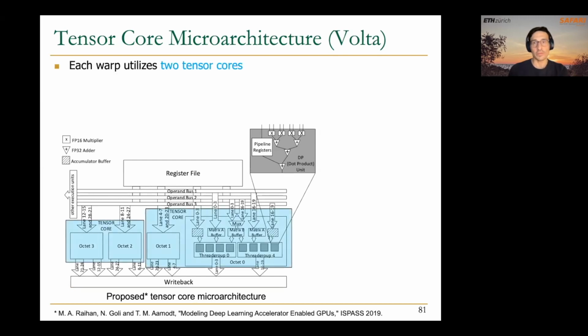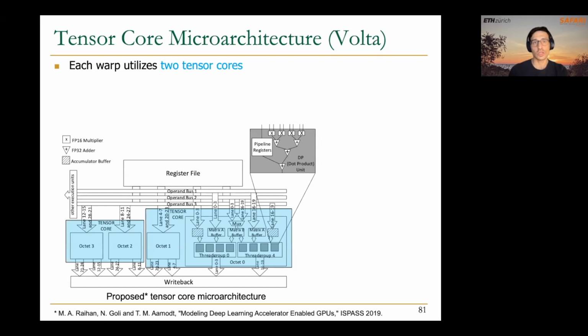As we can see in this slide, they are also SIMD functional units, but they are a little bit special because they are designed for the execution of matrix multiplications, in particular when executing instructions for a warp.